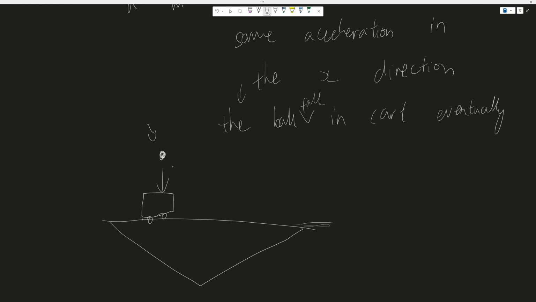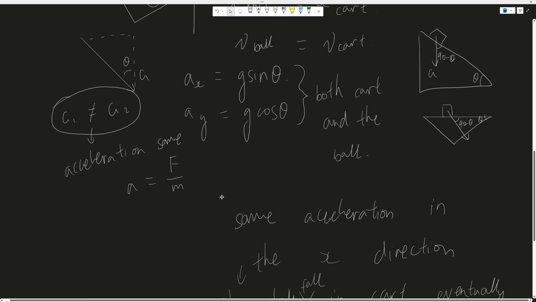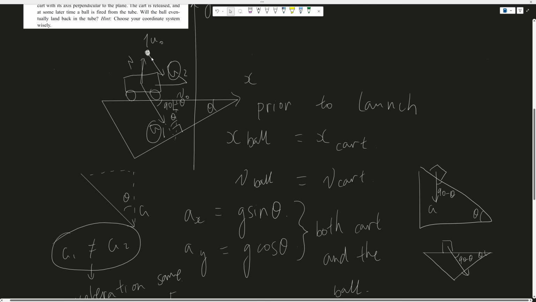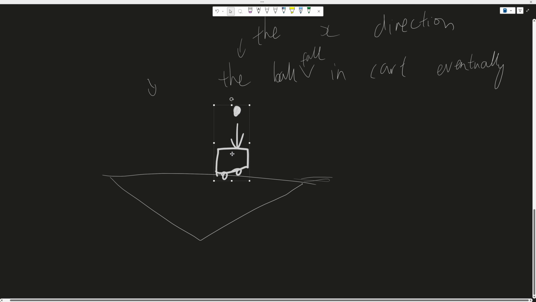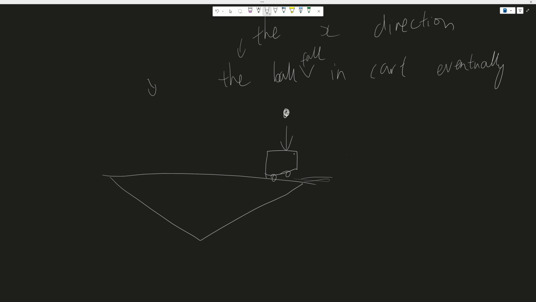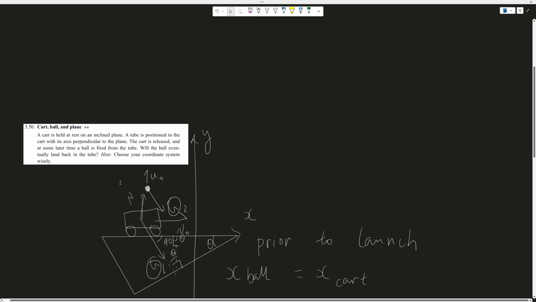It might be here, and next they'll be here, and next it'll be here. But no matter what, their x coordinate is always the same. And when this ball has to fall, since there is a net negative acceleration in the y direction, it will come down eventually. And when it eventually comes down, it will land right in this cart. And so that is why the ball will always land back in the tube.